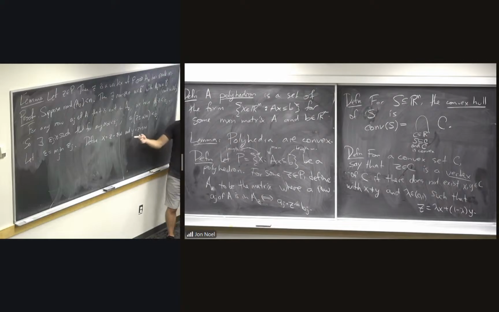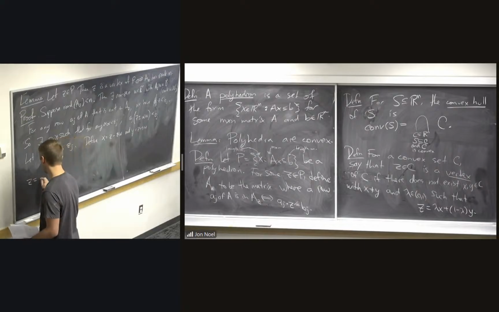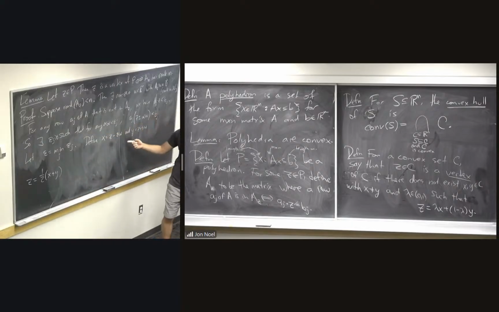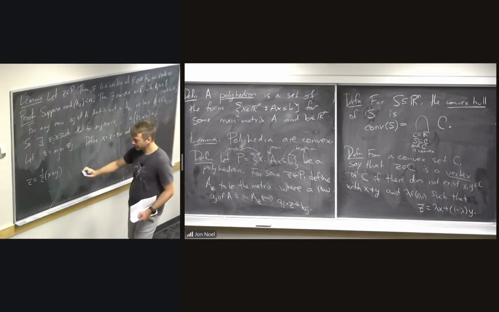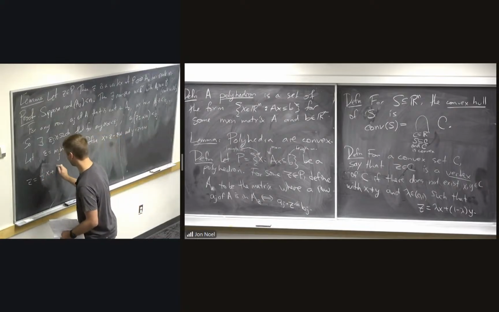I claim that this choice will be my certificate that Z is not a vertex, because I can write Z as 1/2 x plus 1/2 y.